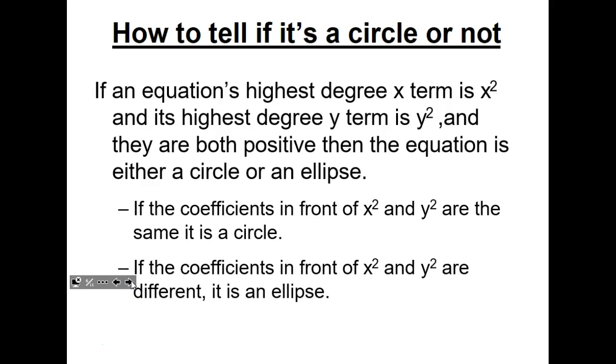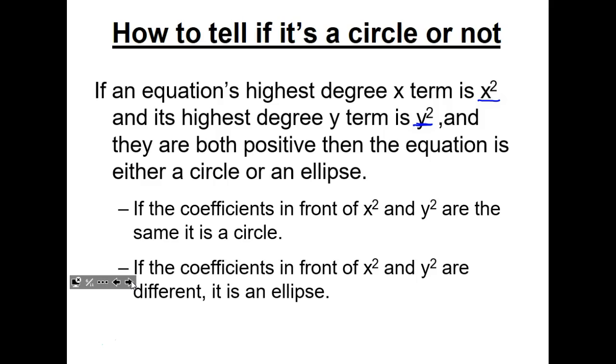That next slide is something that today is not going to be quite as important to you as it will be when we go through the other conic sections for our ellipse and our hyperbola and our parabolas. But this is how to tell if something is a circle if it's not in standard form. So if you have an equation and you notice that the highest degree x term is x squared and the highest degree y term is y squared, and they are both positive, then the equation is either a circle or an ellipse.